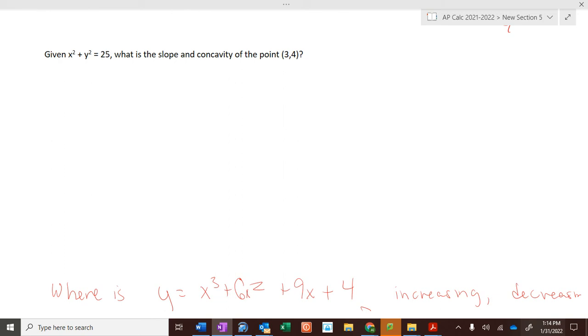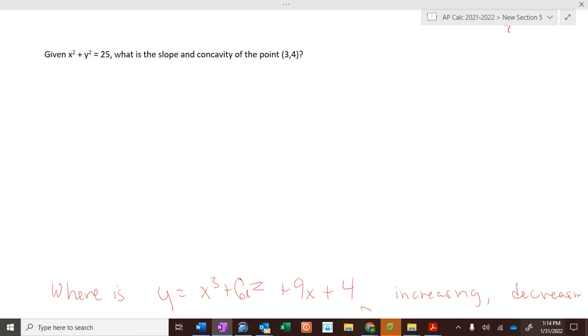All right, here's another fun one. Given x squared plus y squared equals 25, what's the slope and concavity at the point (3, 4)? There you go. First and second derivative.